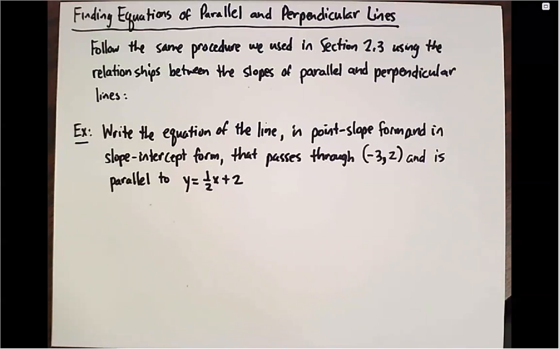Use point slope to get slope intercept. It's the same thing we did in 2.3. The only difference is how we get the slope, and we get the slope by the definition of parallel and perpendicular. If we want the parallel line, we use the same slope as the line they gave us. If we want the perpendicular line, we use the negative reciprocal of the slope of the line that they gave us.